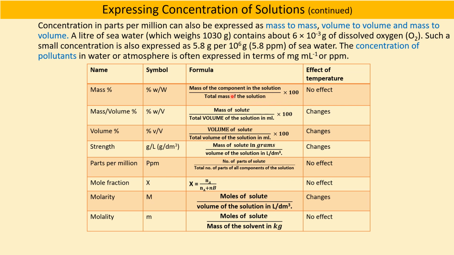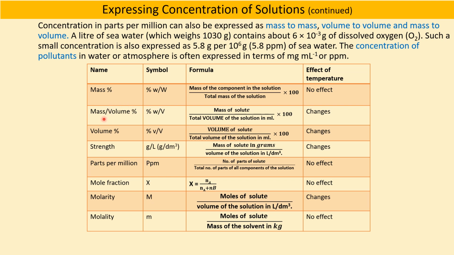So numerator and denominator both are mass. As we know, mass is not affected by changes in temperature. Hence, the effect of temperature on mass percentage is nil or 0.